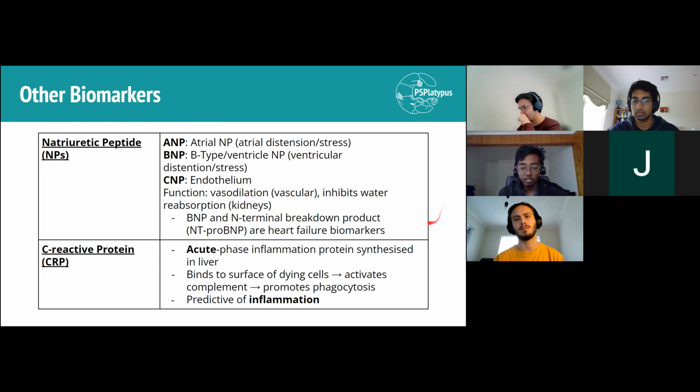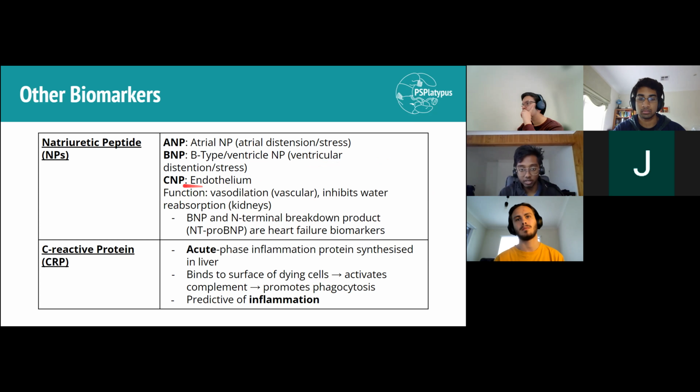But what's important for us is that the presence of some of these is indicative of heart failure. So we have ANP, which is released when the atria is distended or under stress. BNP, which is B type of ventricular natriuretic peptide, is due to ventricular distension and stress.